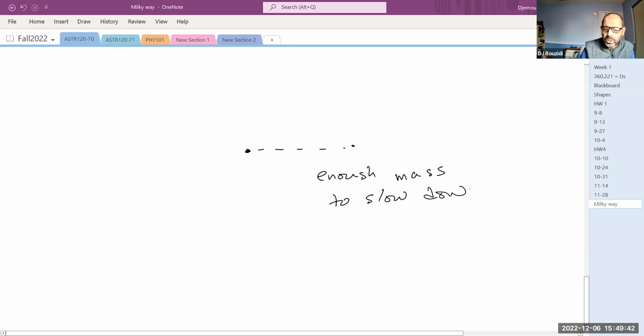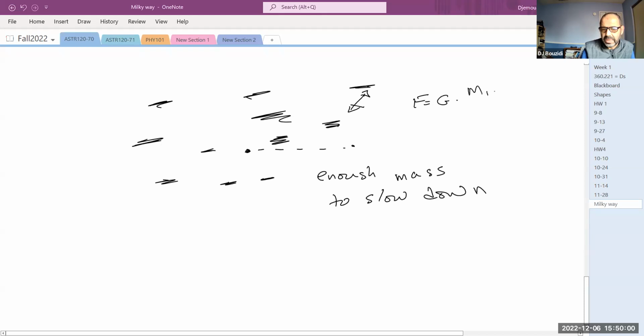Remember, the force of gravity is attractive. So all of these galaxies that are moving away from each other, in all these directions, have mass. Between masses, they attract. According at least to Mr. Newton's law, the force of attraction is proportional to the mass of this galaxy times the mass of the other galaxy divided by the distance between them squared.